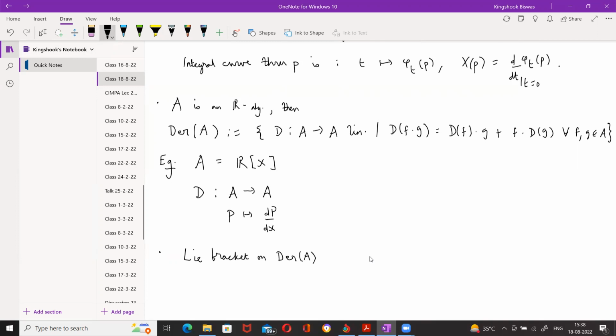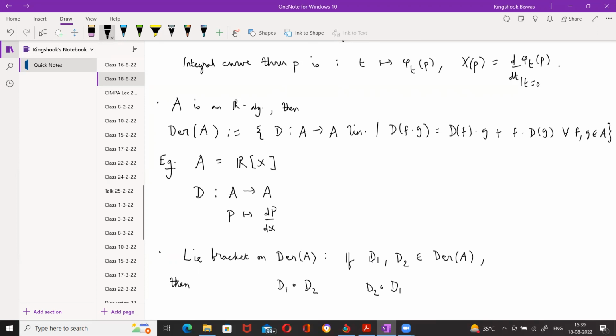This is purely algebraic. Notice if D1 and D2 are derivations of the algebra A, so they're linear maps from A to A, I can compose them. I can look at D1 composed with D2, and I can also look at D2 composed with D1.